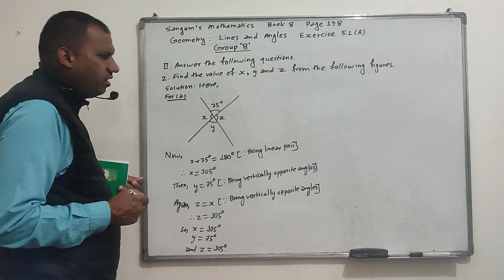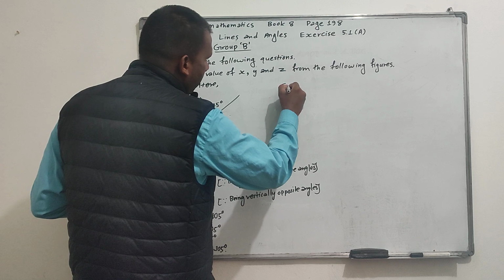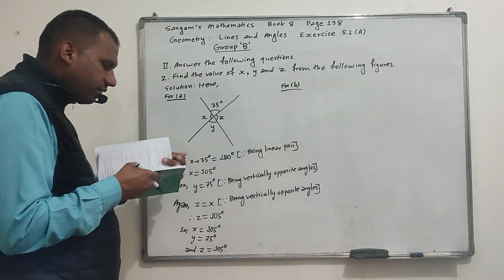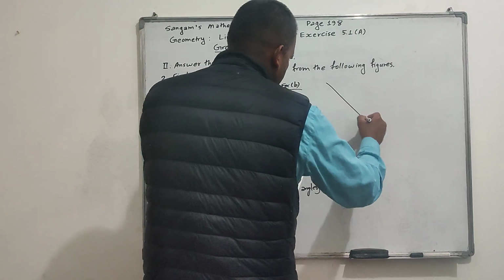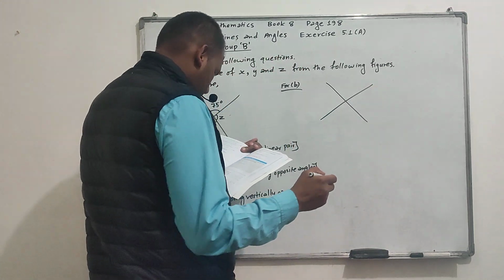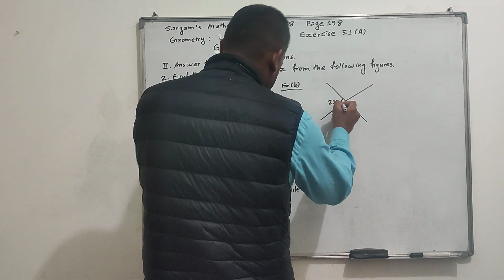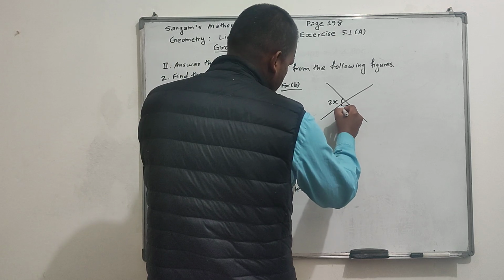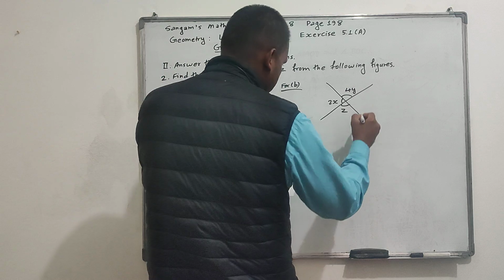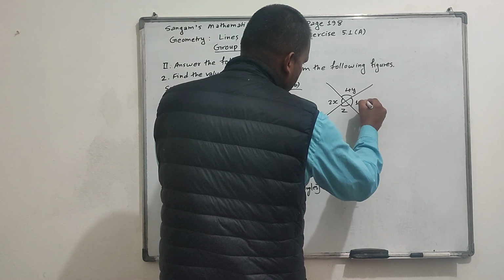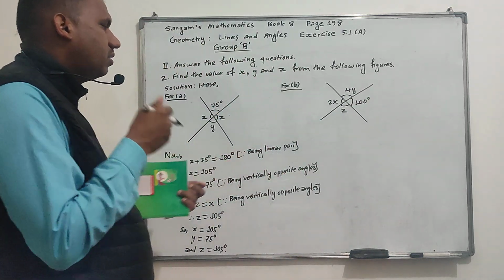Now for B we have the figure. This angle 2x, this is z, that is 4y, and that angle is 100 degree. This is the figure.